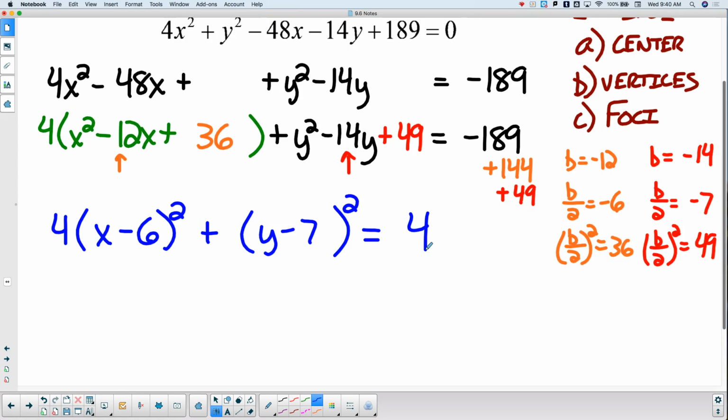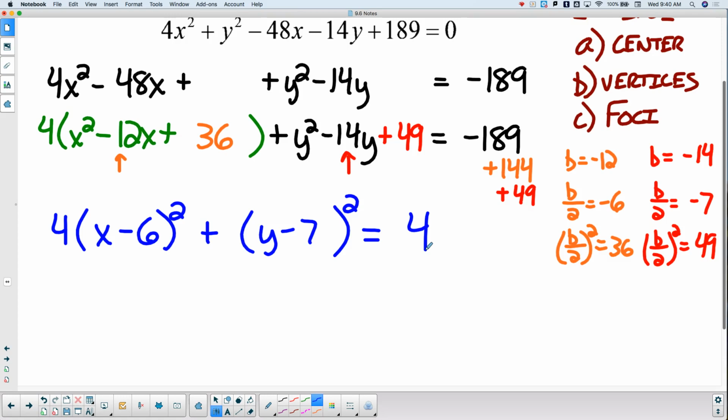What does the general form of an ellipse, because remember this one was an ellipse, look like? X minus h quantity squared, then what?